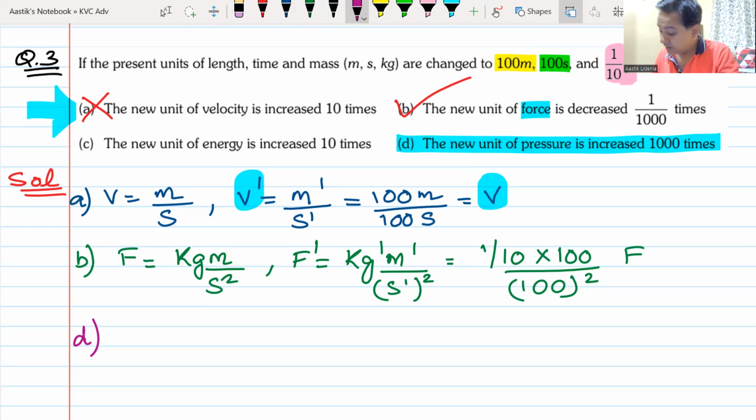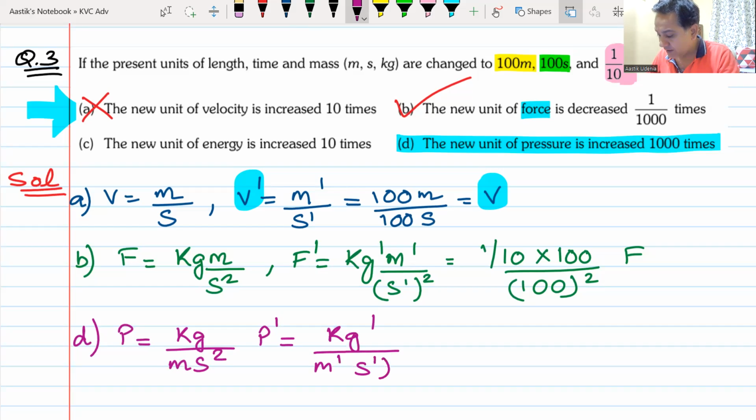Option number D, the original unit of pressure is force per unit area. So this is kg divided by meter second square. The new unit of pressure, pressure dash, will be equal to kg dash divided by meter dash second dash squared. Now I will just substitute this.